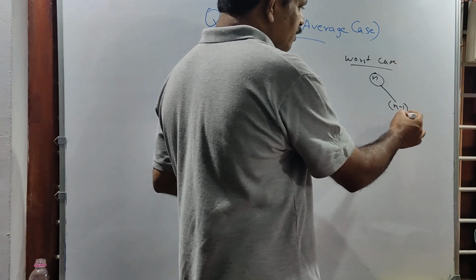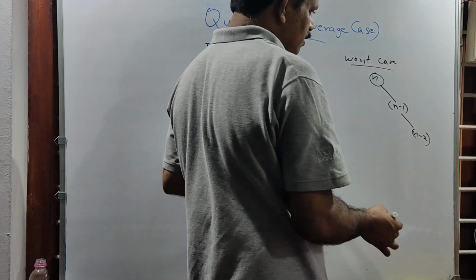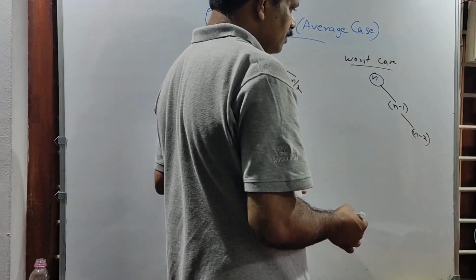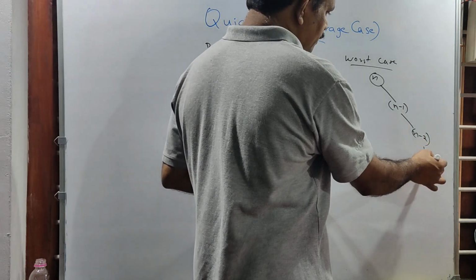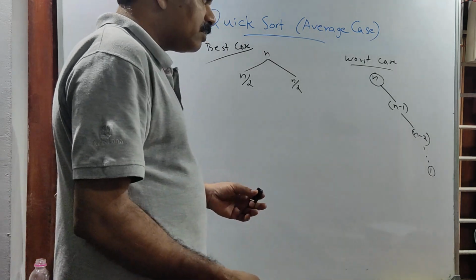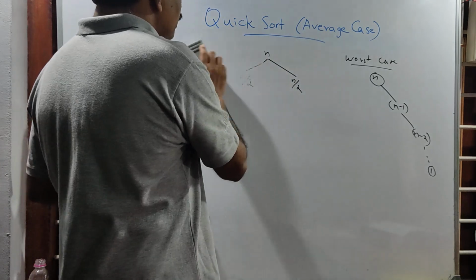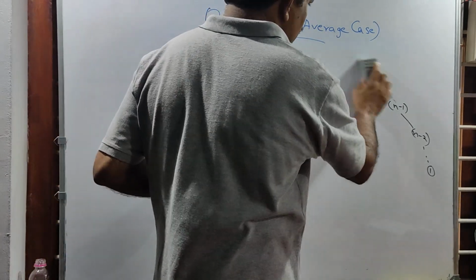If this is continued, you will get a tree like this, and finally it will reach 1 and you will get a complexity of big O of n square. That was the worst case analysis. And now let us discuss the average case.